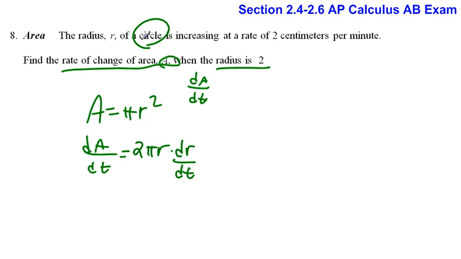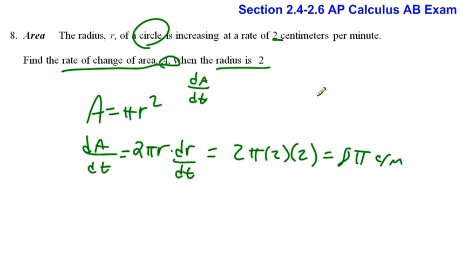And they tell me that the radius is increasing at a rate of 2, so this is our dr/dt. So I can plug in 2 for r and 2 for dr/dt, and we get 8 pi centimeters squared per minute as our correction right there. And that's it.